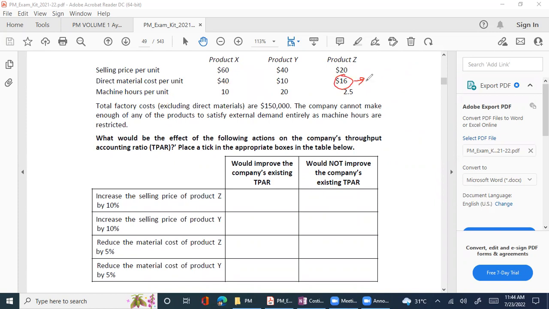So what is the 95% of this? 16 into 95%, because statement number 3 is showing that material cost will be reduced by 5%. 16 into 95% will be your new material cost.